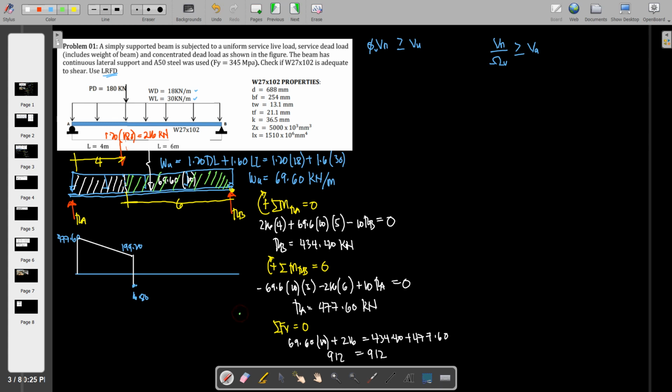So we have here the point. Again we connect this by a straight line, and eventually it will go back to 0, because our reaction is actually 434.4.